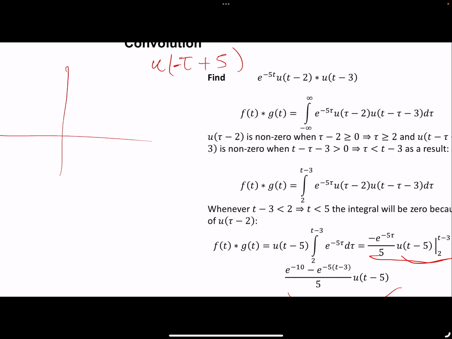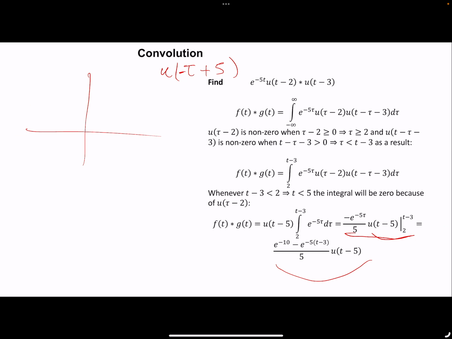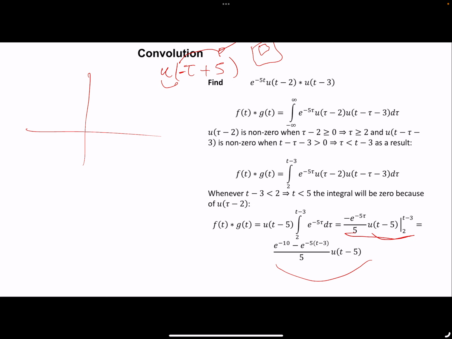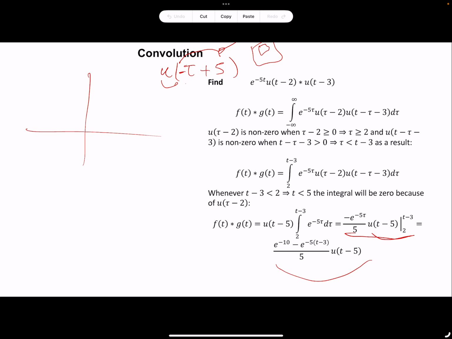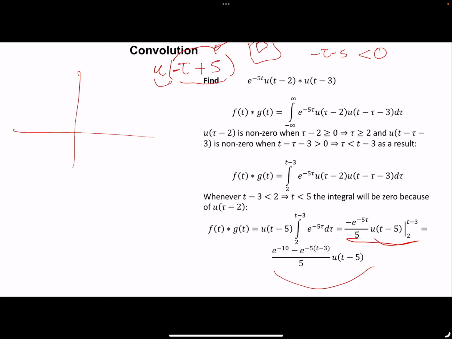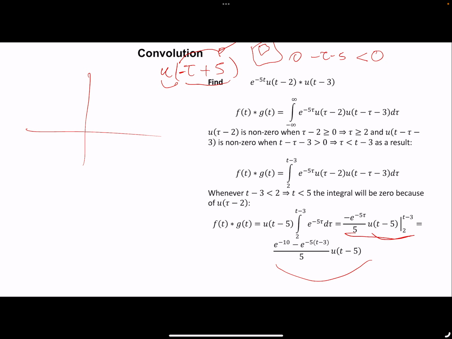Okay, so just remember last lecture's example. There's the candy machine. If you give it anything less than 0, so negative tau plus 5 less than 0, it's not going to give you anything.